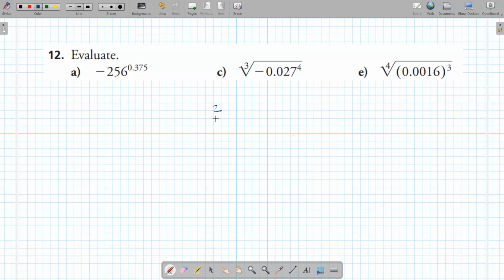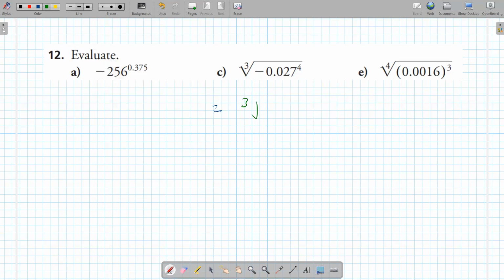Yeah, here it's a little bit tricky, because if you cube root it and then take the power of 4, you're going to get a positive number. But we know that negative sign does not apply to the power 4. Notice how it's outside the power?